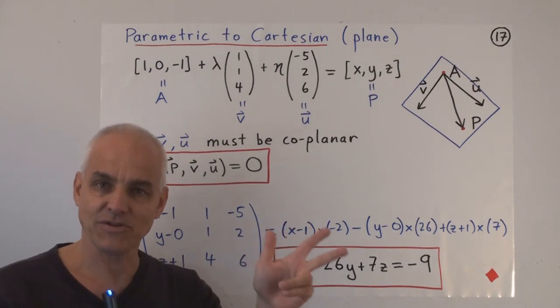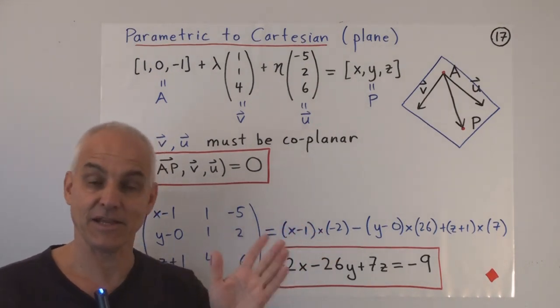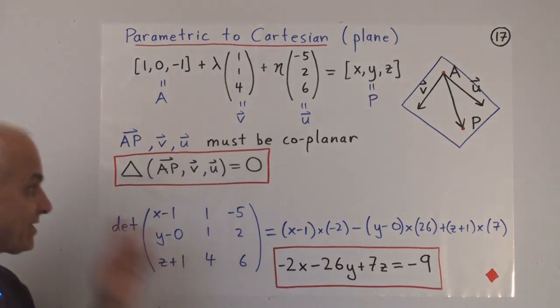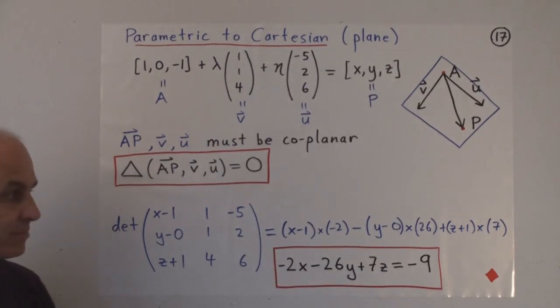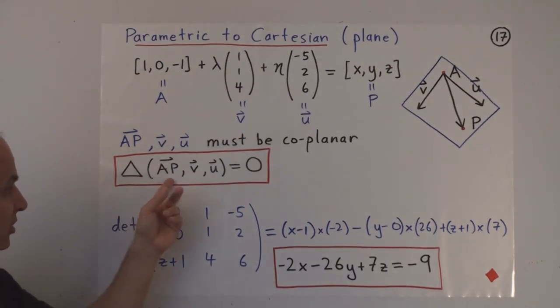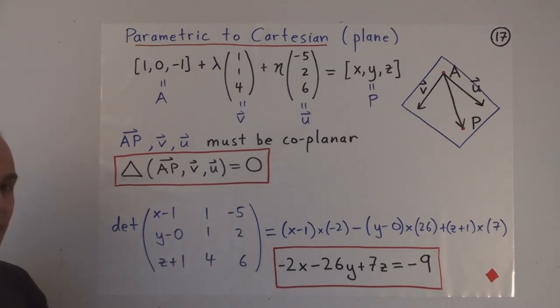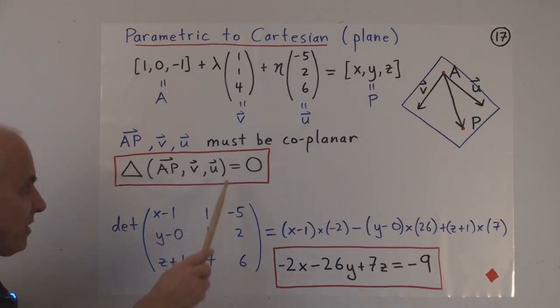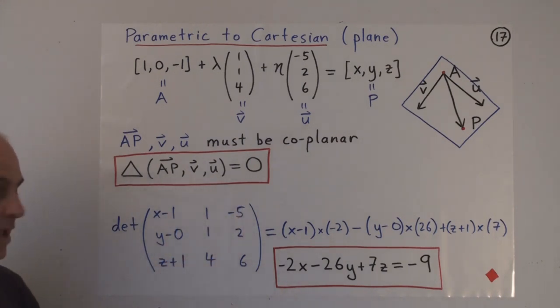So that determinant being 0 is telling us that the vectors are coplanar. And that's the criterion that we're going to use. Because the determinant is just this determinant of a matrix, we can write down the vector AP in one column, the vector V in another column, the vector U in another column. And we can calculate the determinant of that.